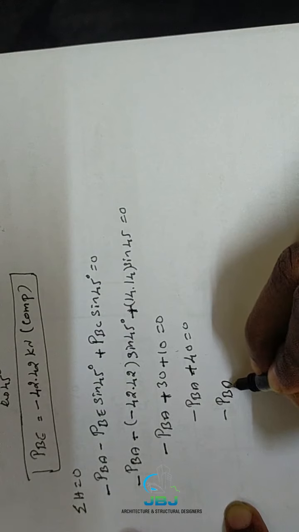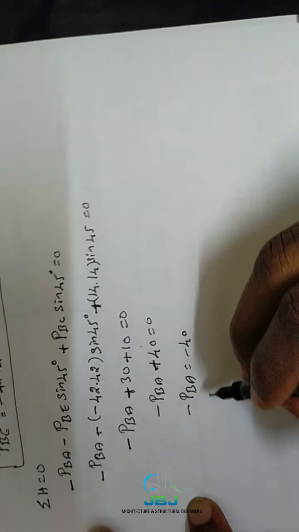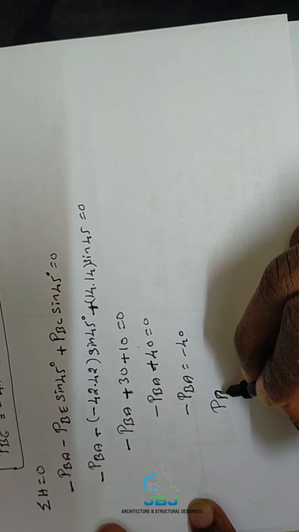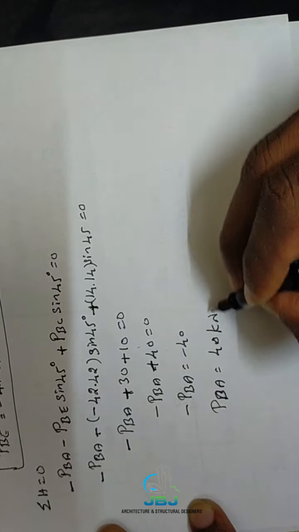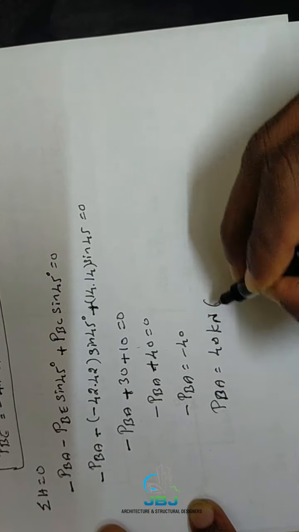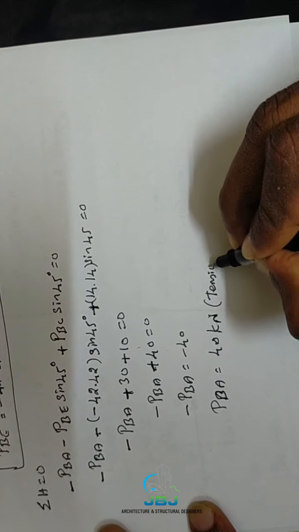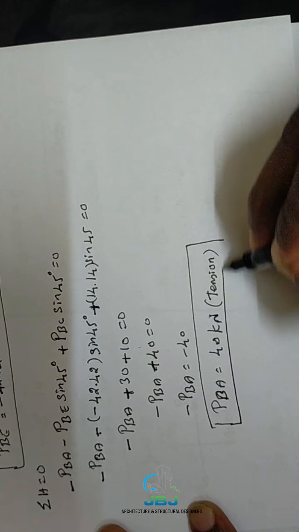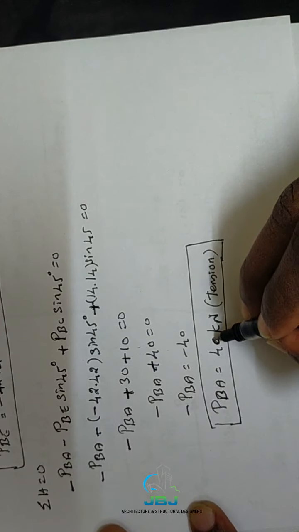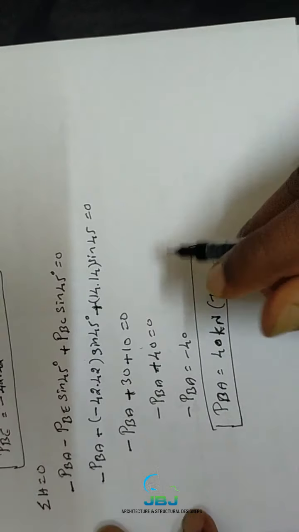So minus PBA equal to minus 40. So PBA equal to 40 kilonewton. We get the positive result. So our assumption is right, and the answer is also right. So this member PBA is carrying 40 kilonewton tension force.